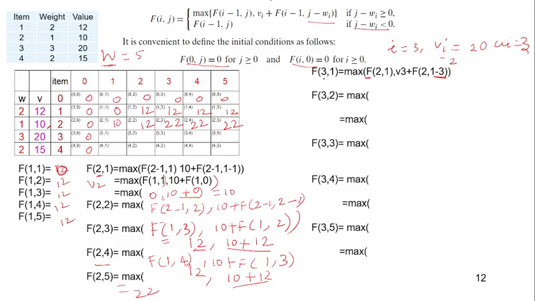So for this you should write the previous one, f of 3 comma 1. The previous one is 0.